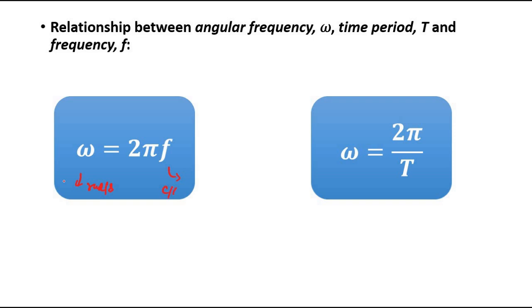Also omega is equal to 2 pi by T, because frequency is equal to 1 by T. If we substitute f with 1 by T, it becomes 2 pi by T, the angular frequency.